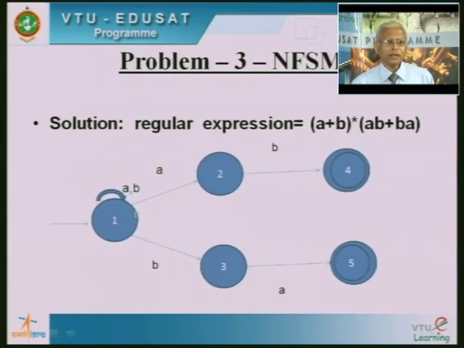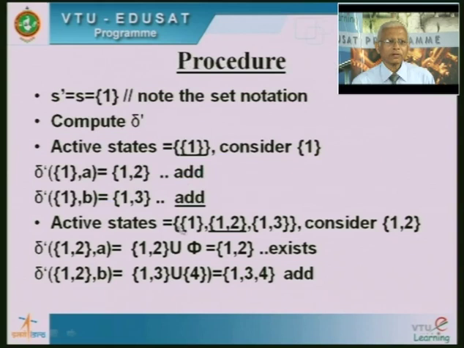If you look at A, on A it will go to 1 and 2 and on B it will go to 1 and 3. So, that is what I have written. This is from looking at the non-deterministic transition diagram. So, this defines the thing. 1 on A will go to 1 2, 1 on B will go to 1 3.